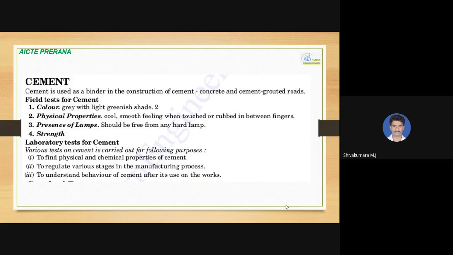And there are some laboratory tests to assess the quality of cement. Various tests on cement are carried out for the following purposes: to find the physical and chemical properties of cement, to regulate various stages in the manufacturing process, and to understand the behavior of cement after its use on the works.